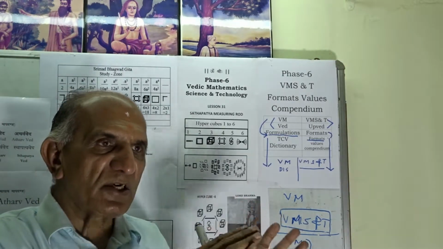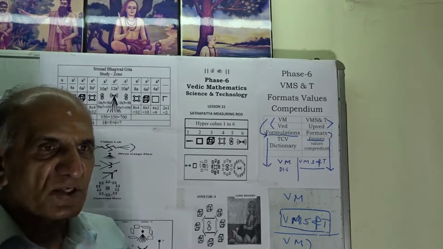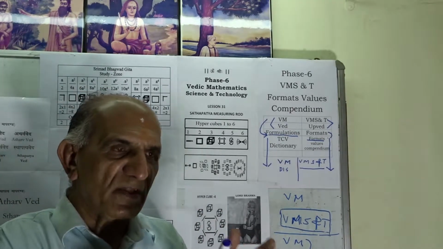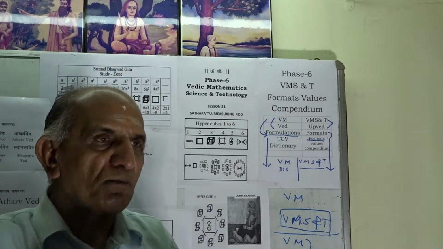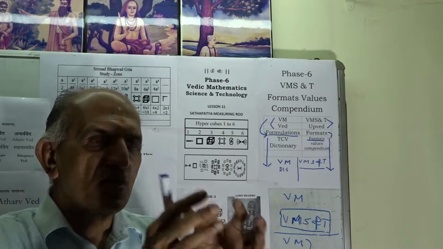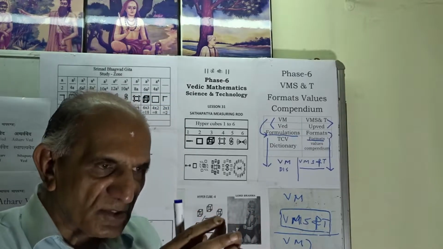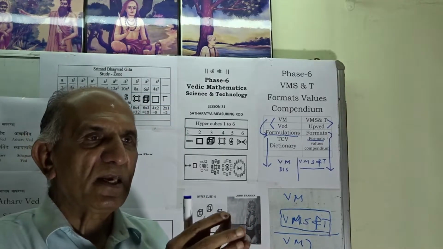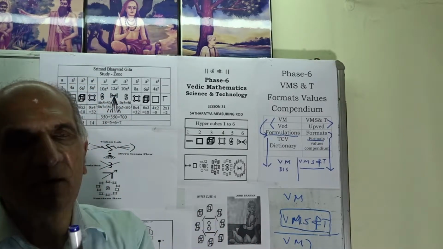So the TCV dictionary, which we have been preparing for ourselves, which each sadhaka, each student of Vedic mathematics has been preparing and regularly updating, will be a source scripture, a source in terms of which we will have particular steps of entering the mathematics, Vedic mathematics.